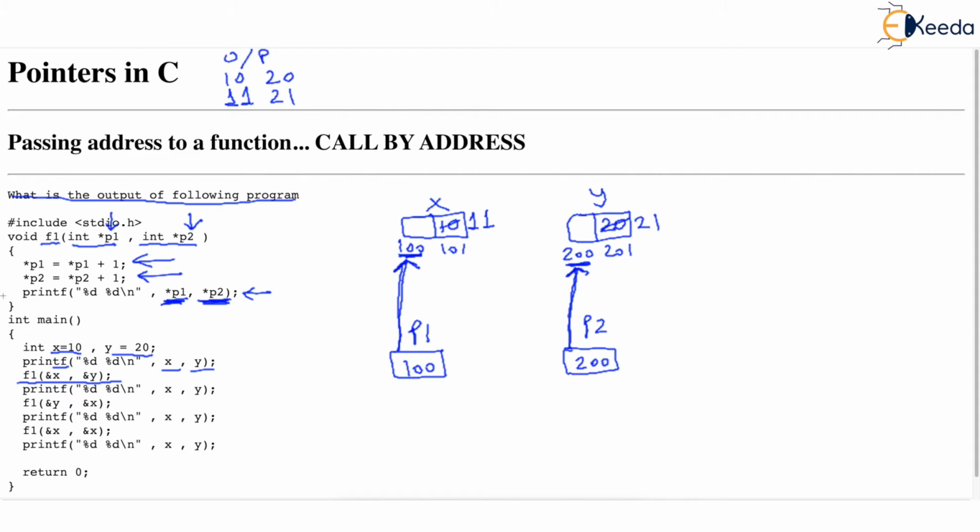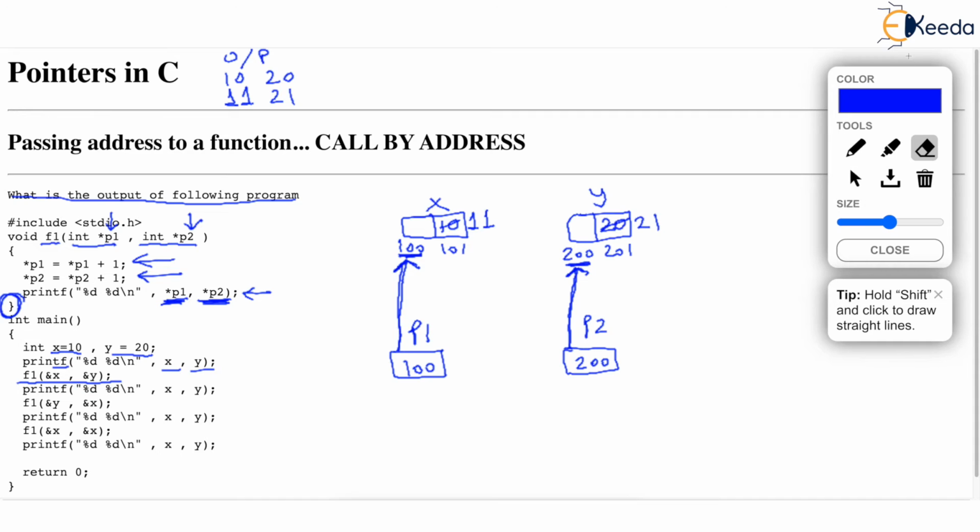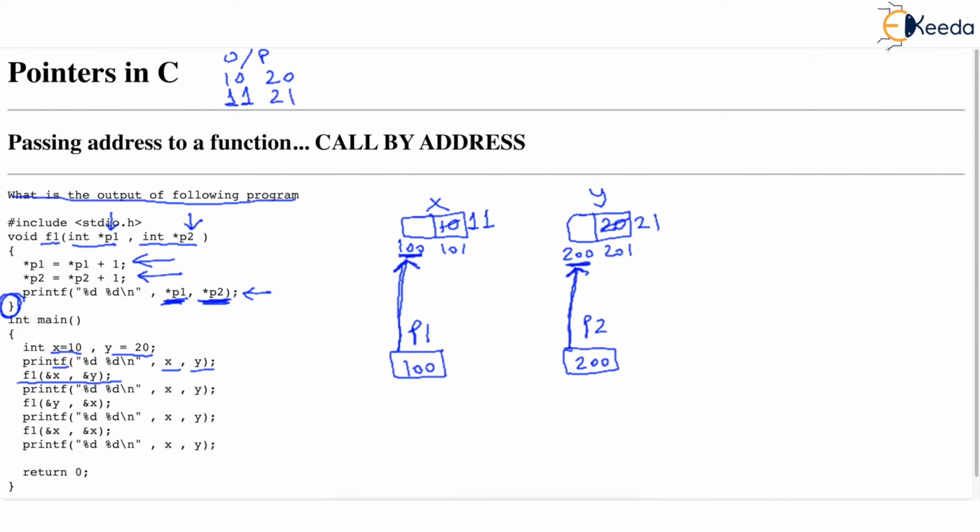And now the function is coming to an end due to this close brace. Now when the function comes to an end, whatever parameters or variables that were created for the function will be destroyed. So as the function finishes, this p1 pointer and p2 pointer are deleted, and we again have only variables x and y in the memory.